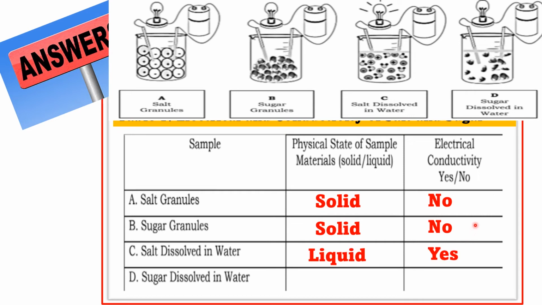For setup C, it is in liquid form and it conducts electricity. For setup D, it is in liquid state and it does not conduct electricity. Take note that the only sample, salt dissolved in water, conducts electricity.